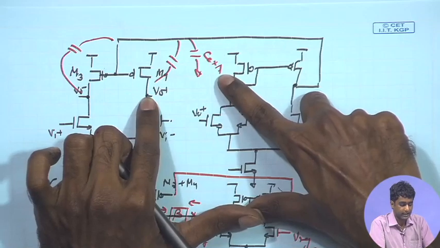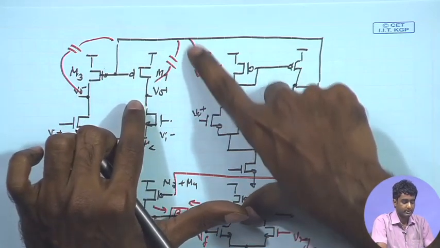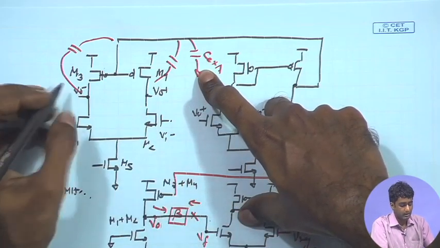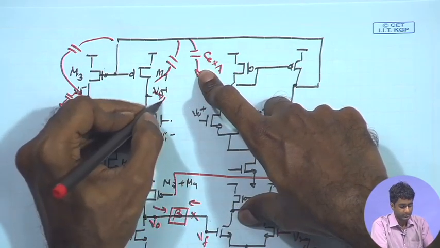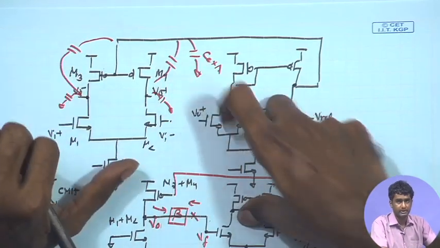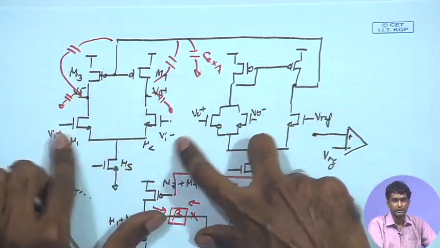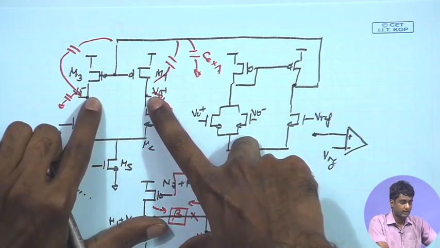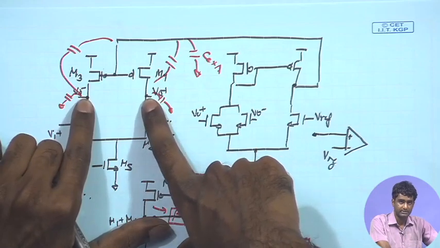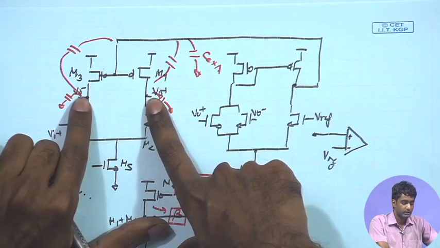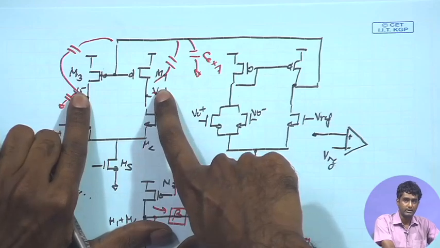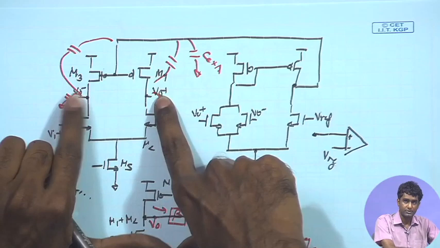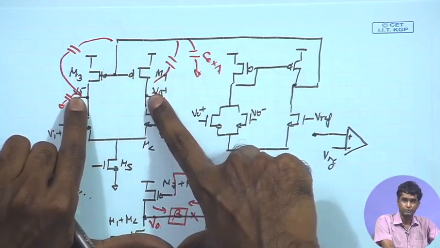That led to a multiplication factor and resulted in a large capacitance between this point and ground over here. But apart from that, we also have an equivalent capacitance contributed at this point because of the reverse multiplication factor, and that can interfere with our differential operation also, because we are adding some additional capacitance at this point. So, we just need to take care that whatever capacitance we are adding over here does not add significant capacitance to the differential operation, so that the desired bandwidth is not reduced for the differential operation.